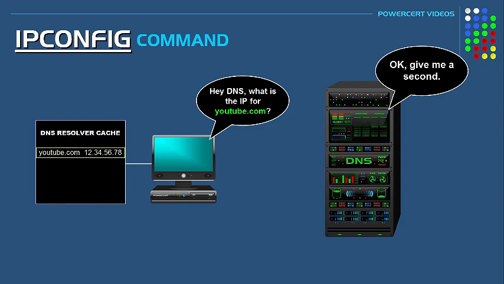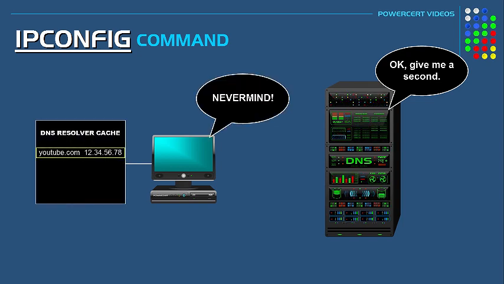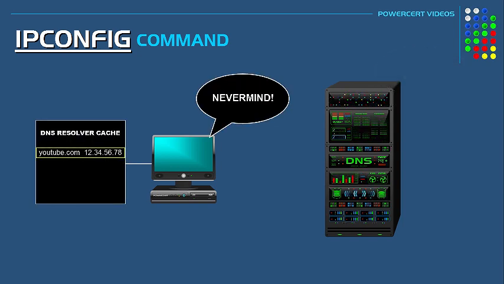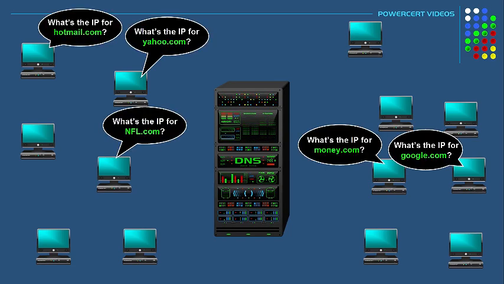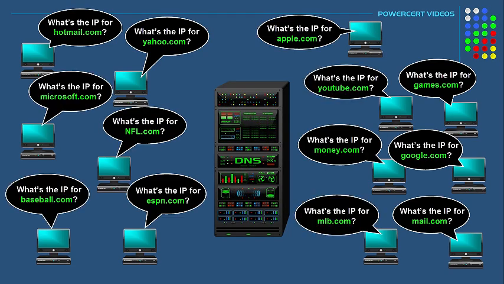It can just look at its internal DNS cache, which is a lot quicker. So instead of taking seconds to retrieve a web page, it would only take milliseconds. And in addition, it frees up the DNS server from constantly getting bombarded with DNS lookups.